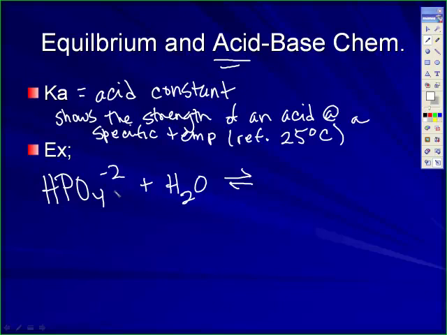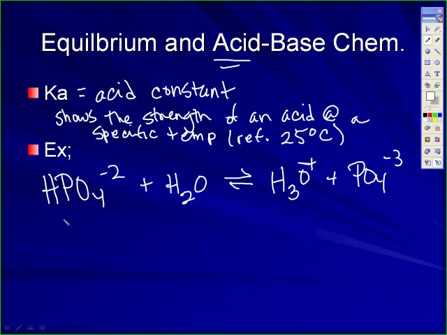So if HPO4 2- reacts with water as an acid, we're going to get H3O+ and PO4 3-. Because this is not considered a strong acid, remember I told you the only 4 strong acids I want you to know, this is a weak acid, and we know that this is not going to happen 100%.